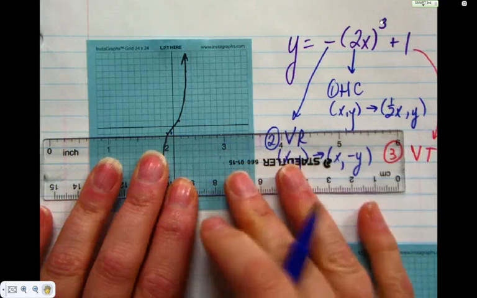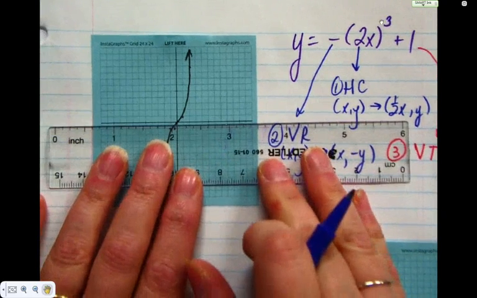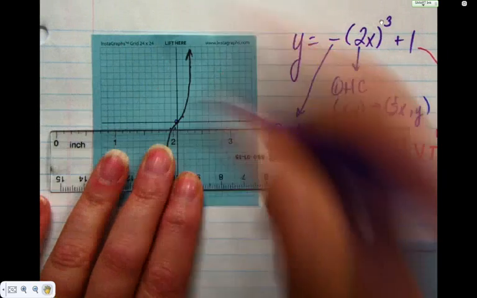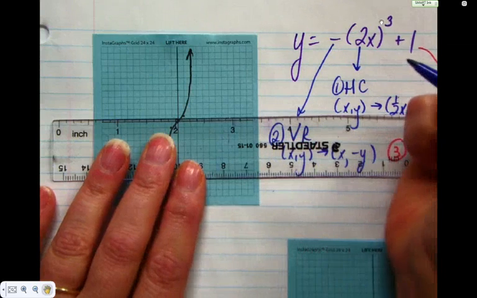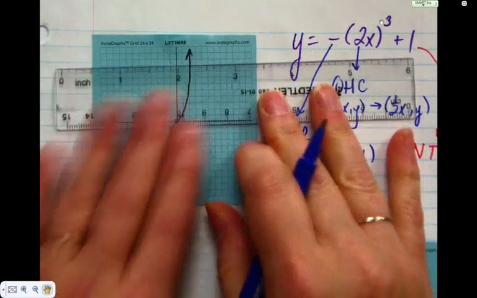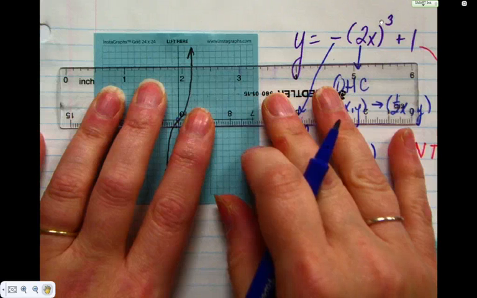So again, putting the ruler horizontally stops you from moving it up and down. 0 times 1/2. 0. 1 times 1/2. 1/2. And 2 times 1/2. 1.